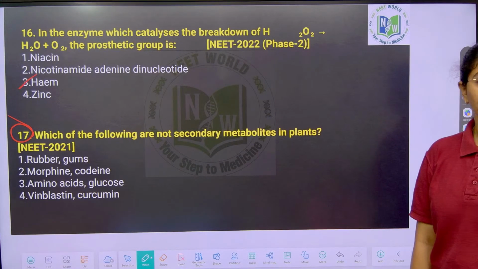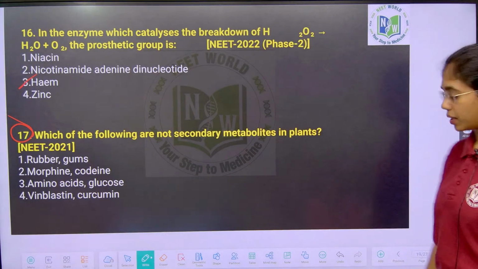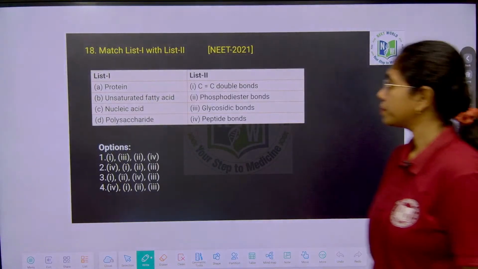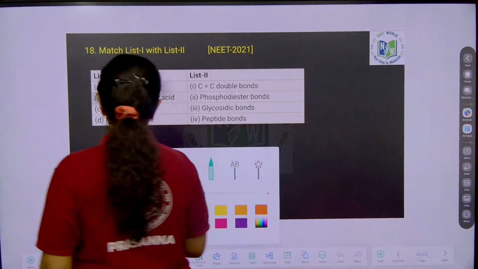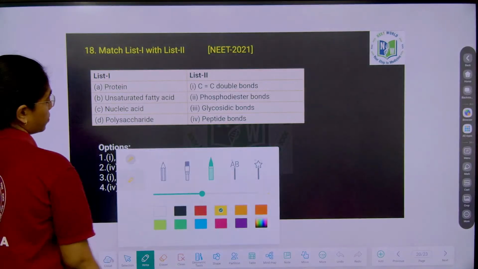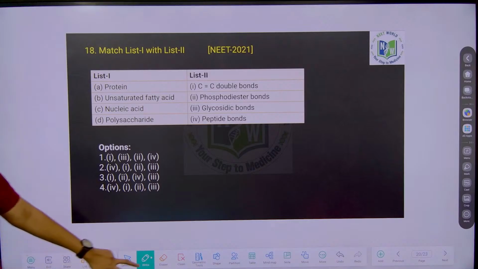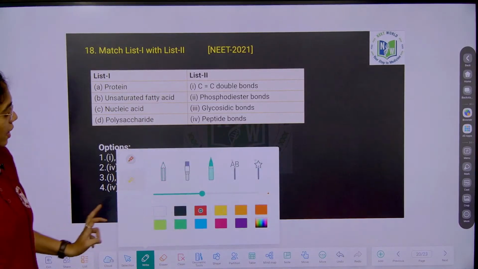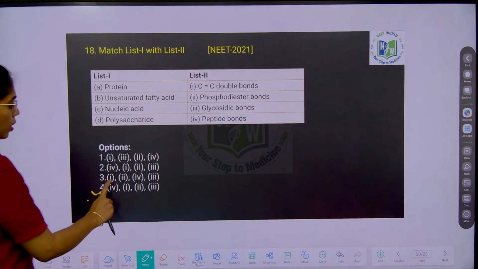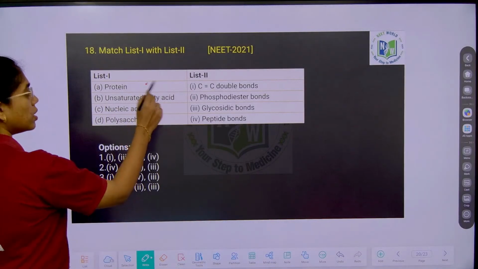Amino acids and glucose, they are primary metabolites. What is the right answer? Okay, we'll see. Protein, same question.